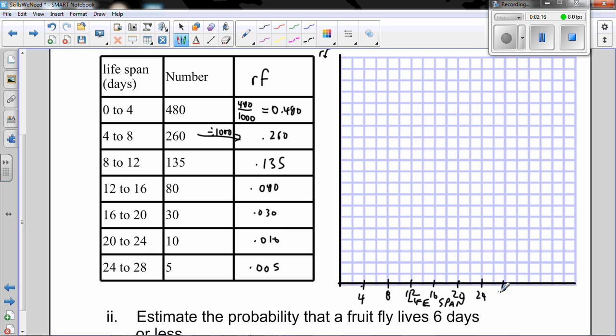It's not going to look too bad, I think. And then as far as the frequencies, I need to get all the way up to 0.48, so if I go up by maybe that's 0.1, that's 0.2, 0.3. And again, if you pick a decent scale, that'll work as well. So this is the relative frequency, this is the lifespan.